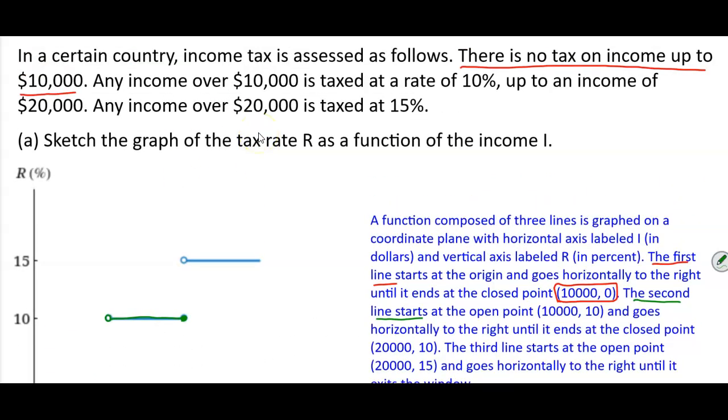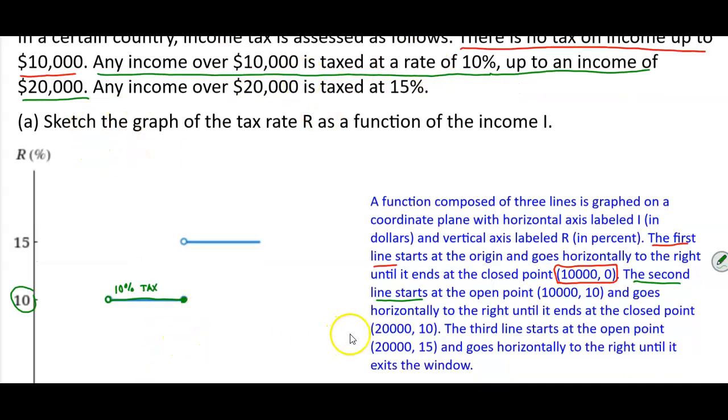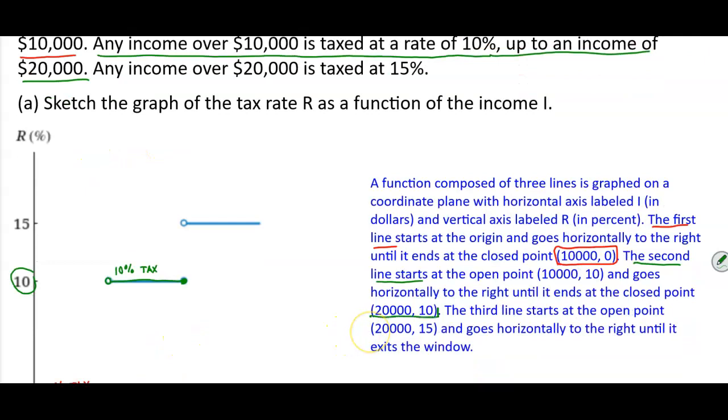Any income that's over $10,000 is at a tax rate of 10%, up to an income of $20,000. And here, this represents 10%, the tax on anything over $10,000 up to $20,000, which is this ordered pair here.